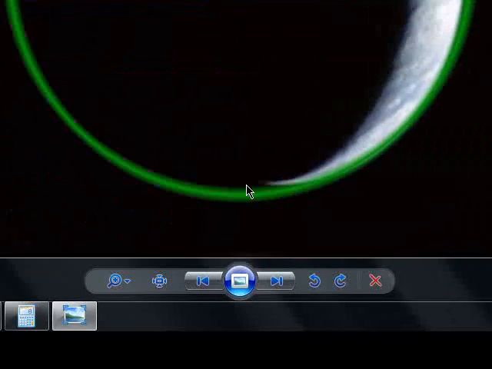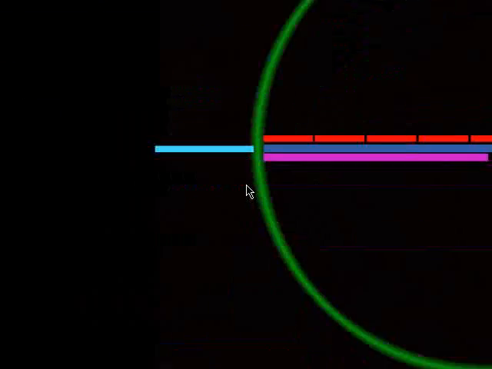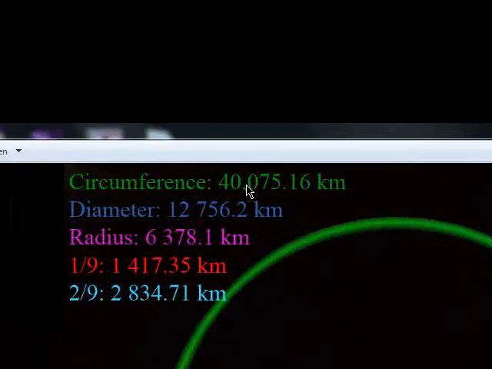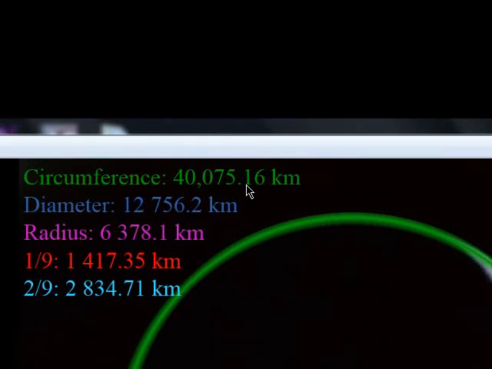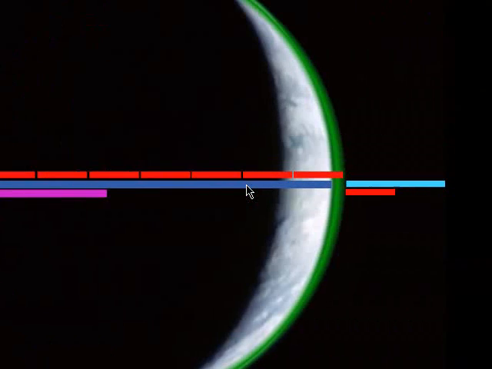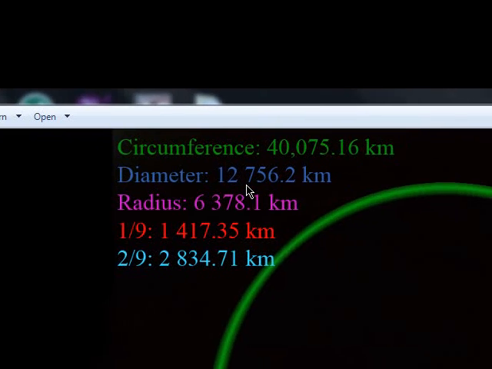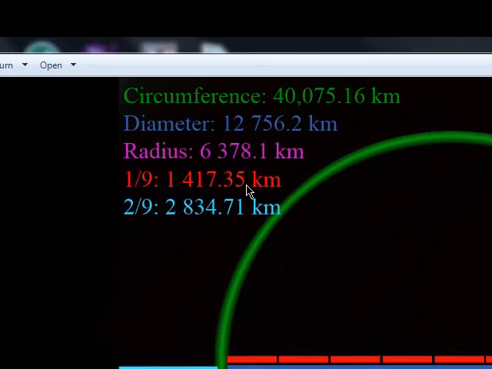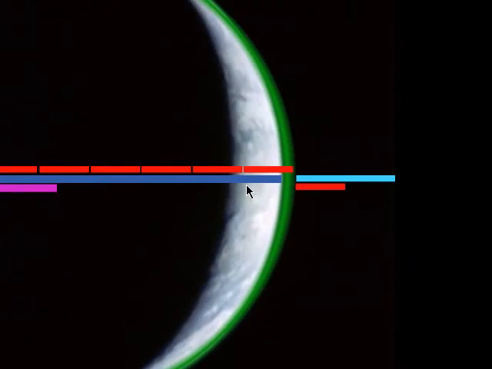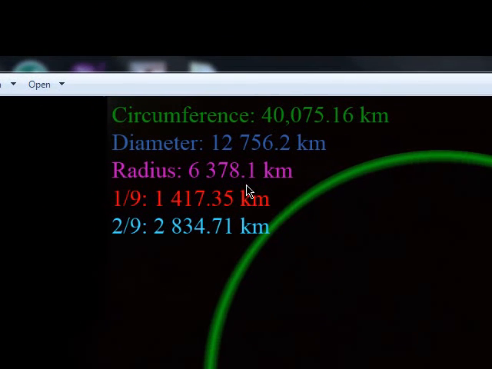So what I did is I took that video and I centered the Earth in the center. The green circle that goes all around is the circumference of 40,000 kilometers. The blue line that goes all the way across, the diameter is 12,756, and half of that would be the radius of 6,378.